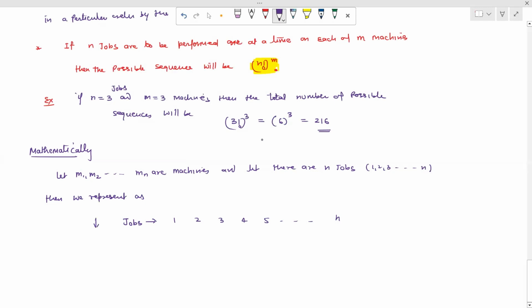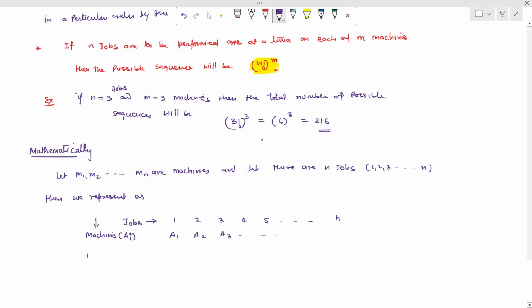So machine A1, A1 machine. So the time of machine A1 is given in this form. Suppose we are considering AI. So AI machine means A1, A2, A3, and so on.